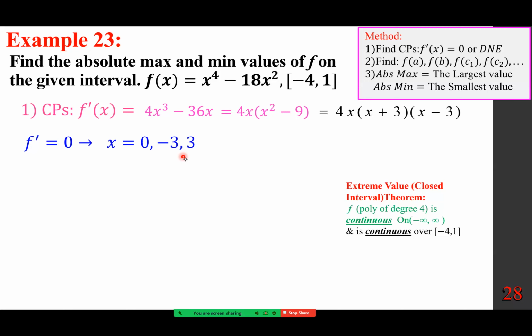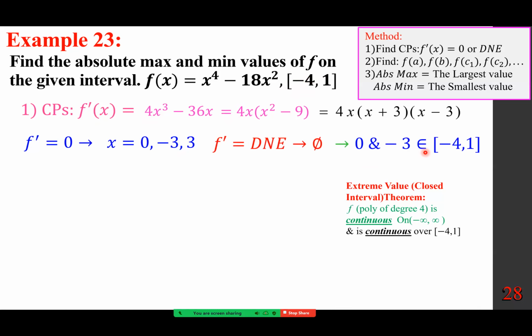F prime does not exist doesn't produce any answer because f prime is a polynomial, it exists everywhere. Now we look at this and say, okay, is 0 in between? Yes. Is -3 in between? Yes. Is +3? No. It's not in between. So only 0 and -3.